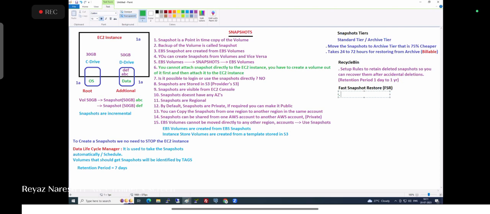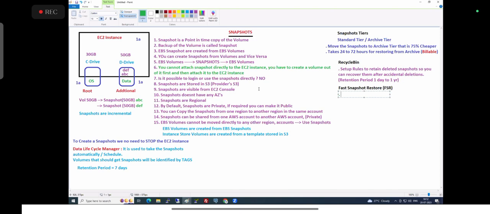So many questions today. Either you are not understanding at all, or you are understanding super well, so you are getting so many questions. Okay, I'll take the first question. I created a tag for a volume and automated the process to take snapshots for it. Will this still be there in the recycle bin by using this tag?